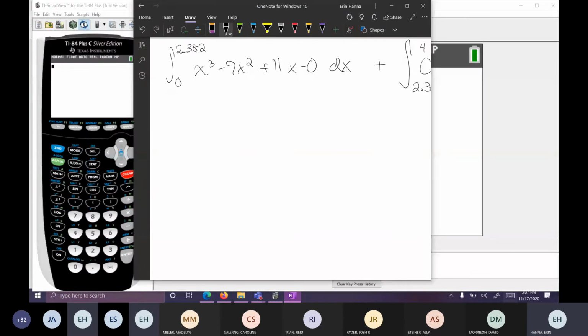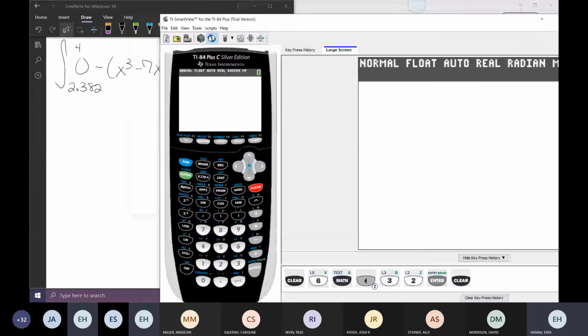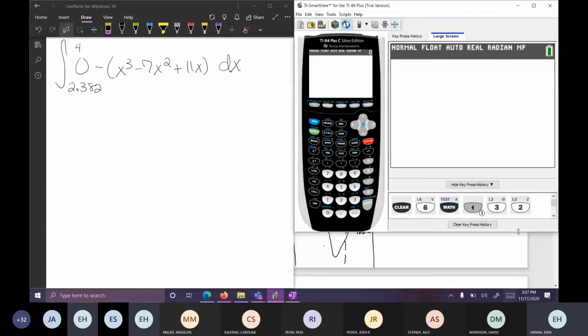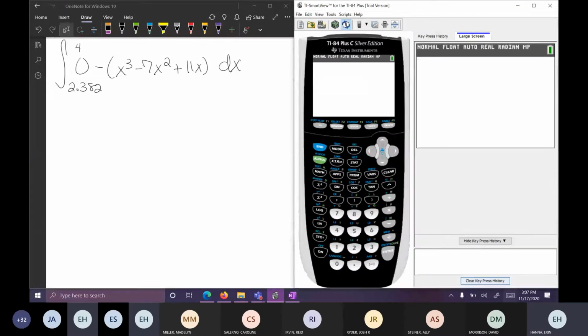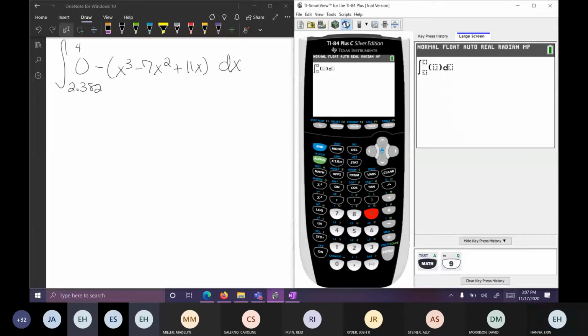So say I want to do that second one in my calculator. That's when you hit the math button and number 9. And then you just plug things in, unless you have an older calculator, and let me know and I can tell you how to do that too. When you have a lower bound of 2.382, you use the up arrow key to get to the upper bound of 4.